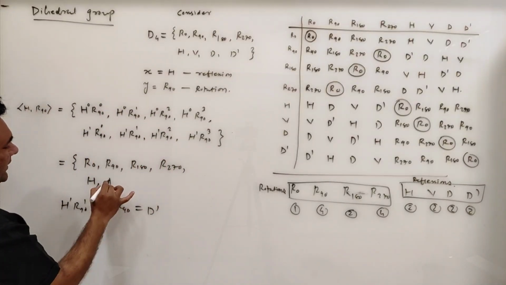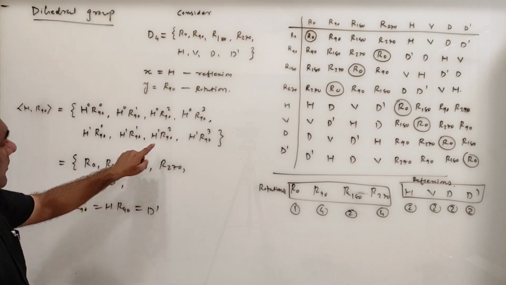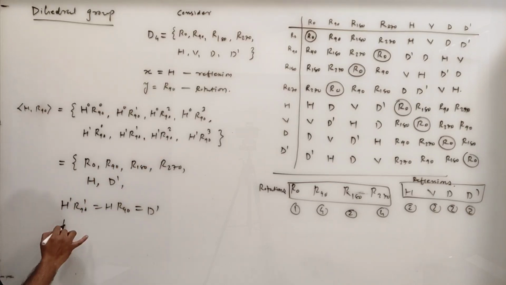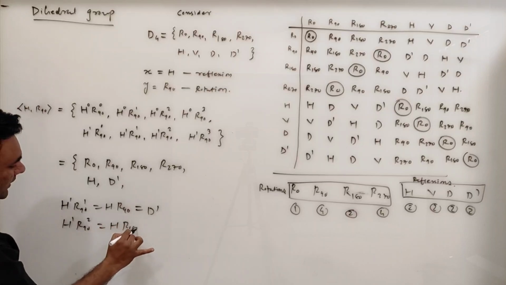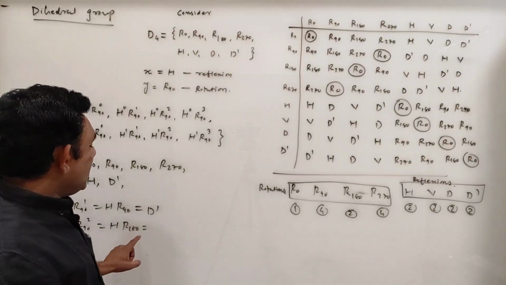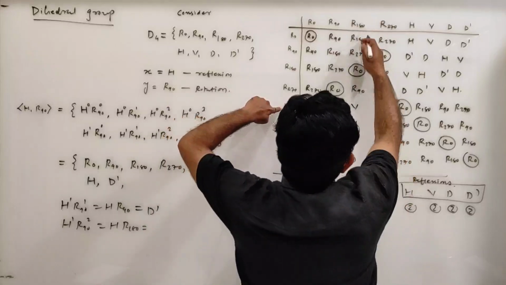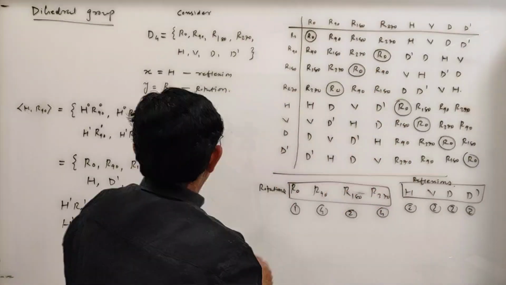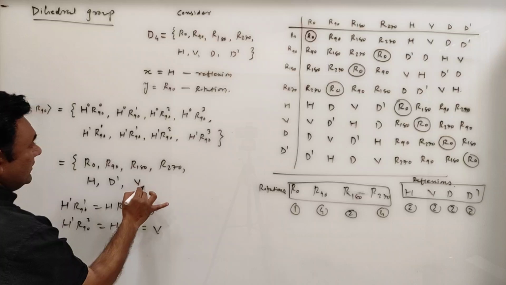So this element is D dash. Now h r90 square is h r180, and h r180 is V. So this is my V.